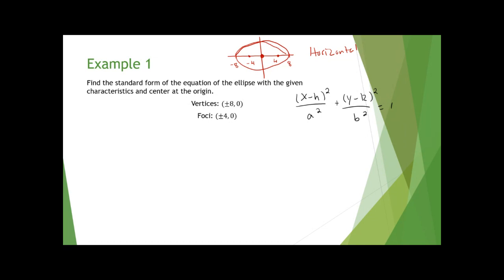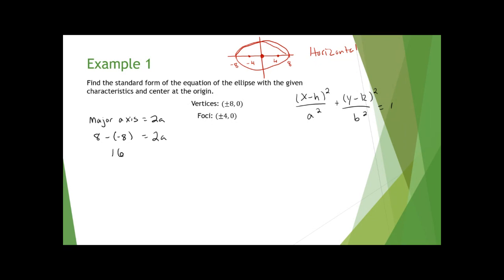So we need to figure out a squared and b squared. This is where we're going to use the fact that the major axis is equal to 2a. The distance of the major axis is basically the distance between the two vertices. So we've got 8 minus -8 is equal to 2a.